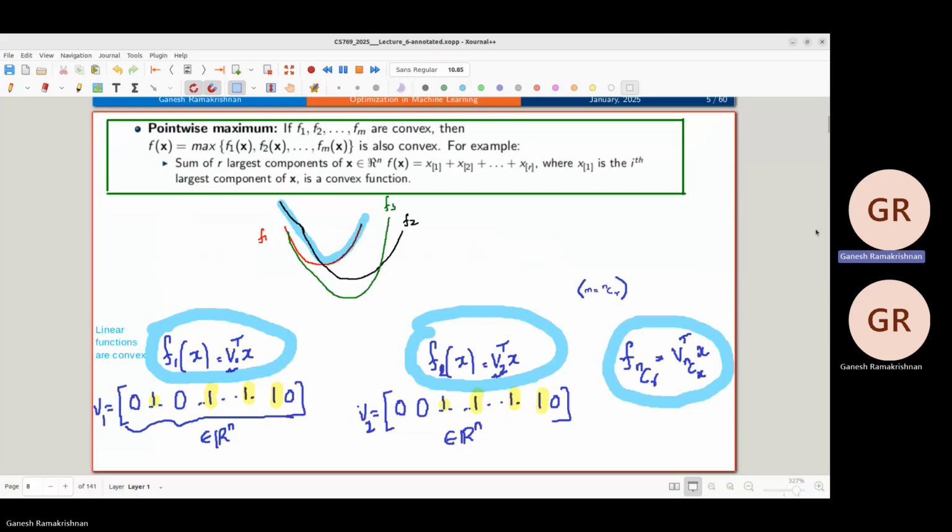Now, a generalization of this is when the indices are themselves possibly countable, but they may be infinite. Let's say the simplest generalization is max over i, where this index i becomes very large, potentially infinite.